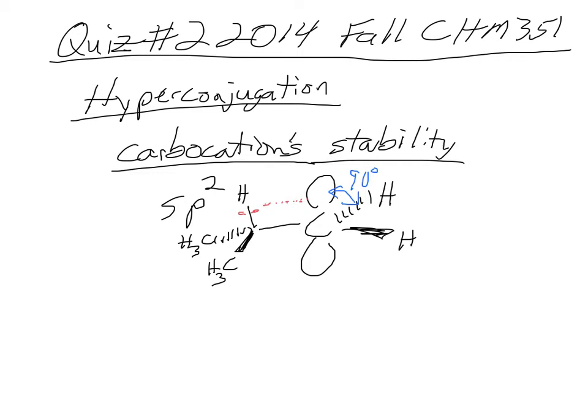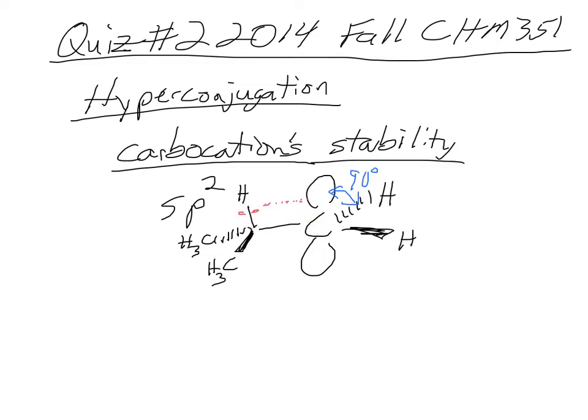Now, you've got to remember too, this bond rotates. So these bonds also help stabilize. Now this isn't perfect. This bond angle is 109.5, this is perpendicular, this is 90. So this isn't perfect stabilization, but it's better than nothing. And notice, what bond is this? This bond is 2 bonds away from the empty p orbital.